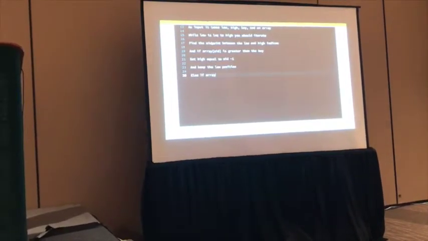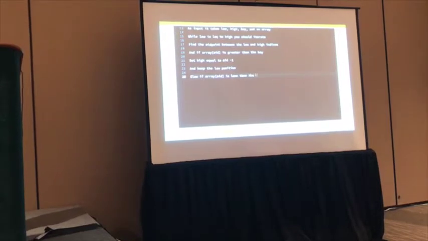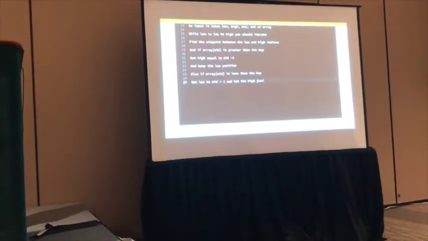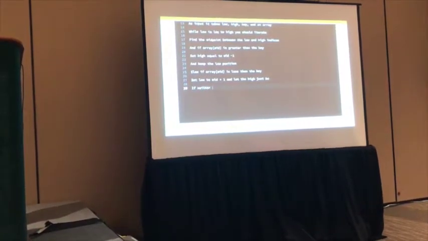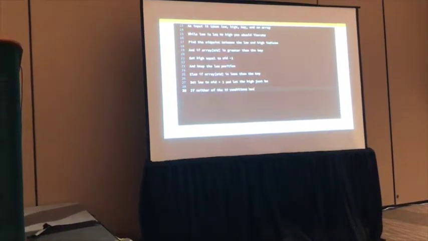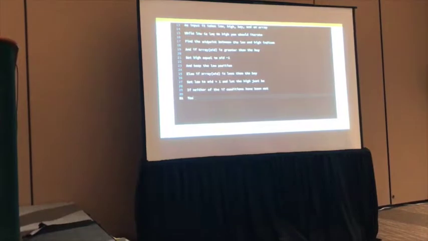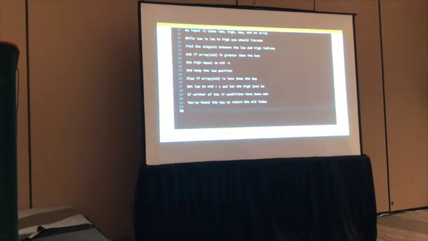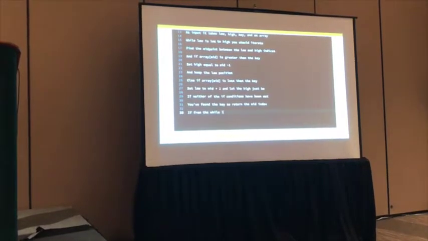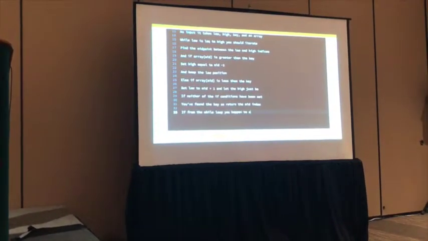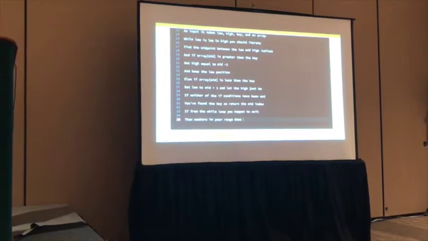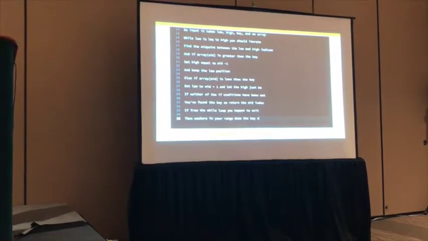Else if array then is less than the key, set low to mid plus 1 and let the high just begin. Neither of the if conditions happen met. You found the key, so we turn the mid index. If from the while loop you happen to exit, then nowhere in your range does the key exist.